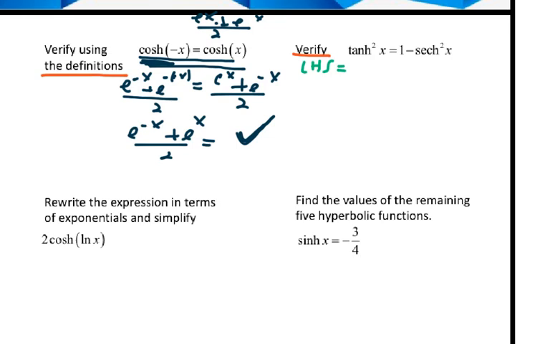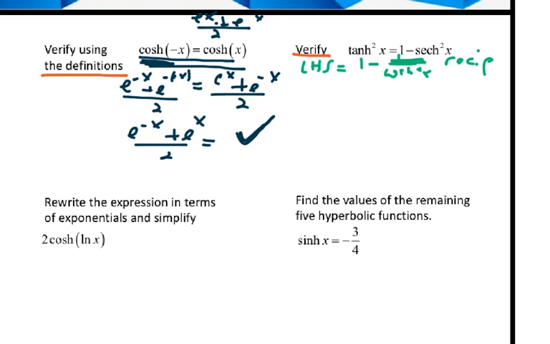It's 1 over cosh squared. So we have 1 minus 1 over cosh squared, and that would be reciprocal. Sorry for the writing. Hopefully you can hear my voice and know that's supposed to be cosh squared.